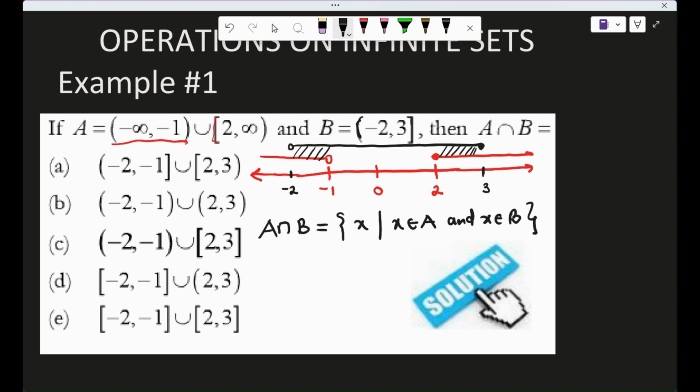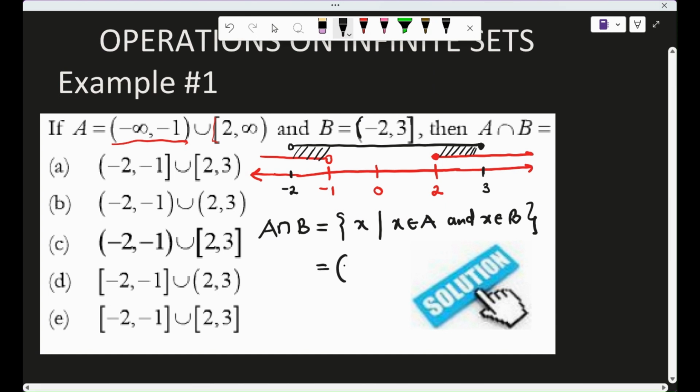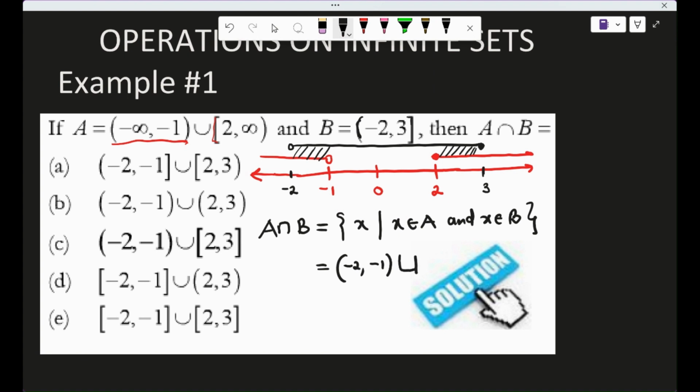Now, what is it? This area is going to be what? 0, you can see here, minus 2 is open. So our A intersection B is just going to be from minus 2 to here, minus 1, which is also open. Then we have two parts, so you have to unite them using union.